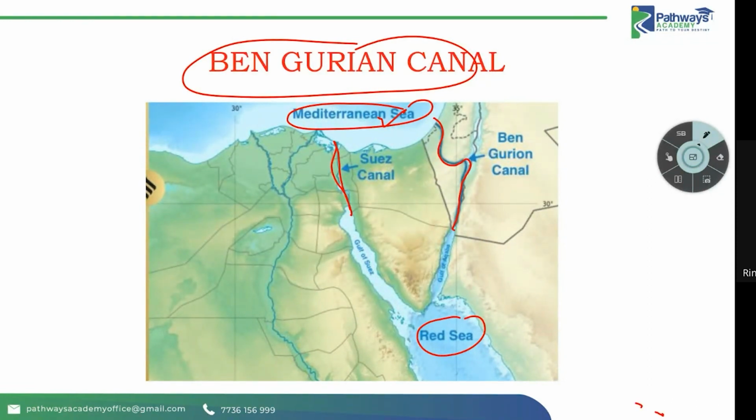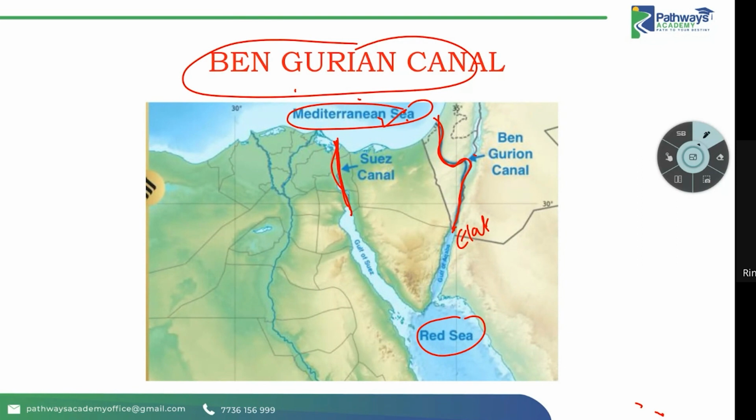Egypt controls the Suez Canal, but now Israel is planning another connection from Elet Port to the Mediterranean Sea through the Ben Gurion Canal.